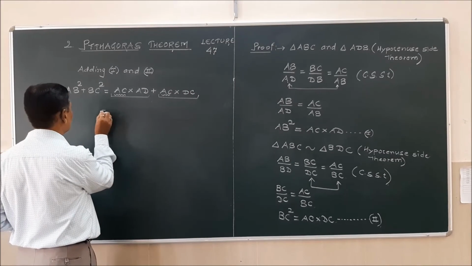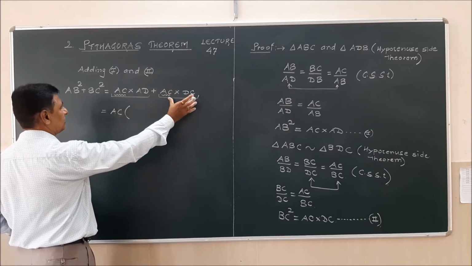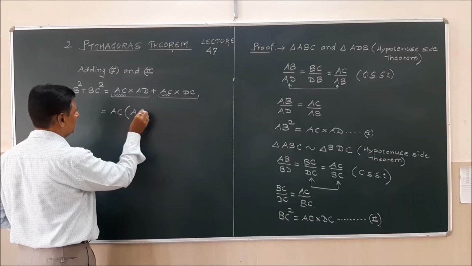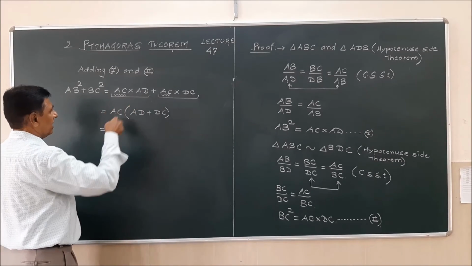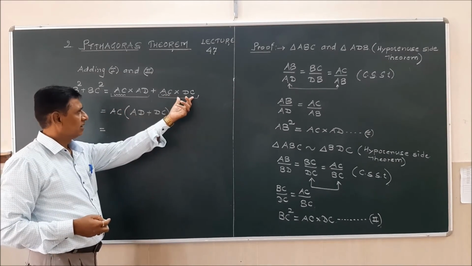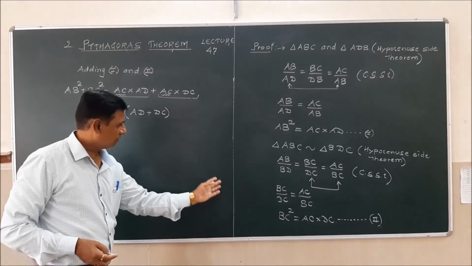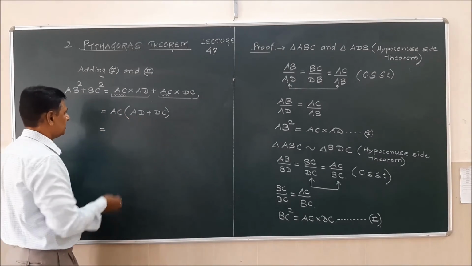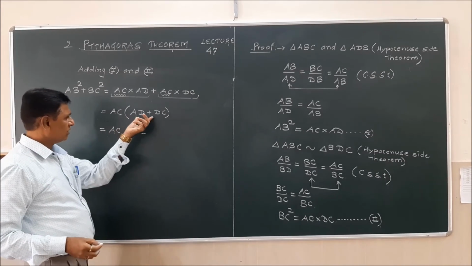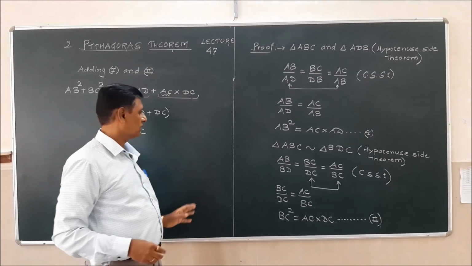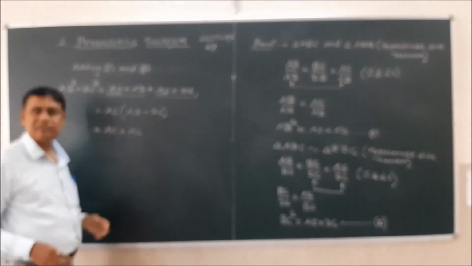If you take AC as common from the first as well as the second group, you are left with AD plus DC. And on the figure, if you add AD plus DC, you will be getting AC.